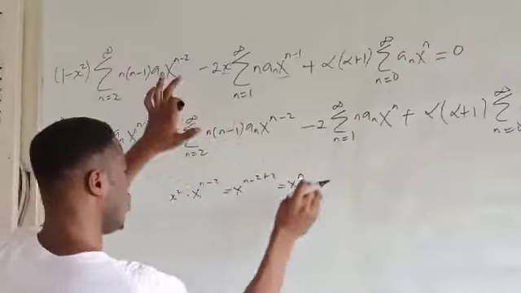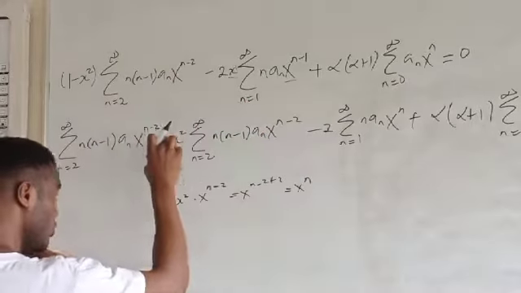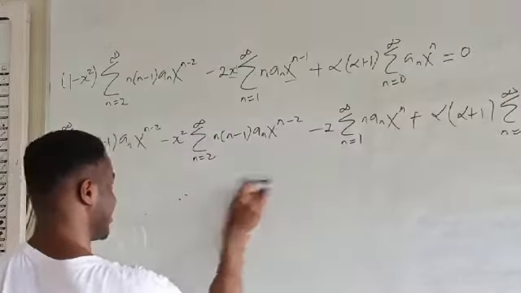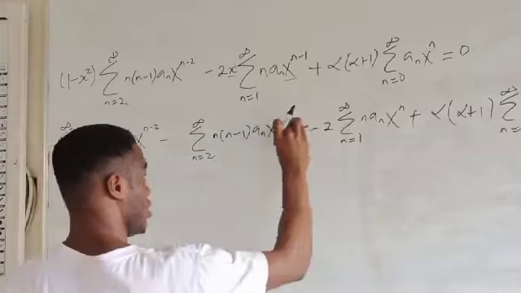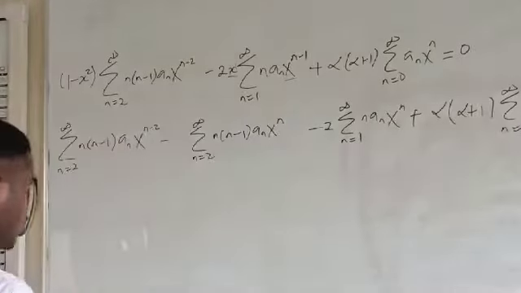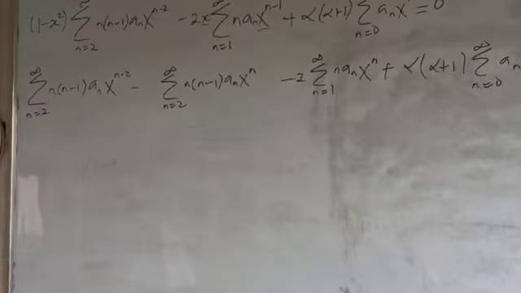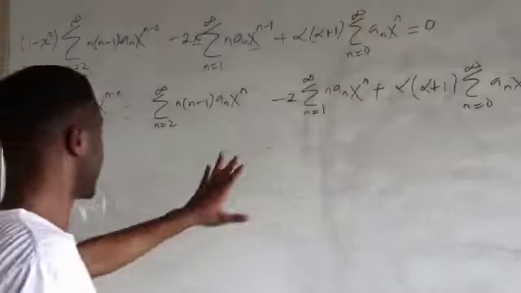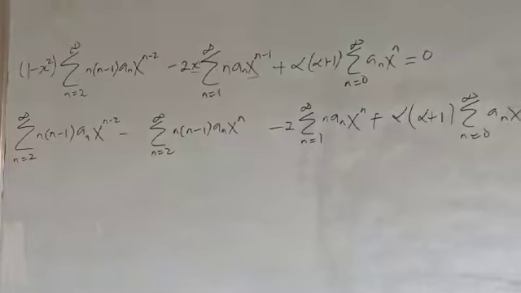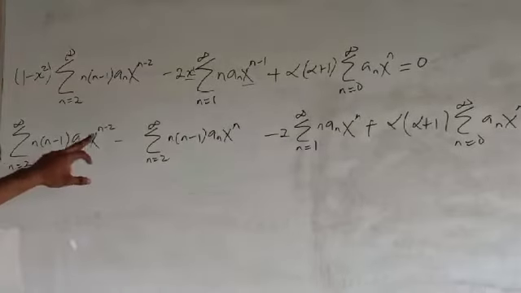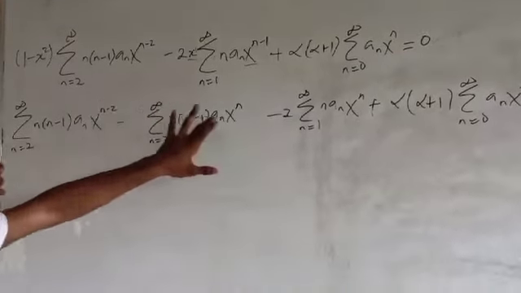So this whole summation can be rewritten as the summation of everything here. From here, we have arrived at something better. Our aim is to make all the powers the same.